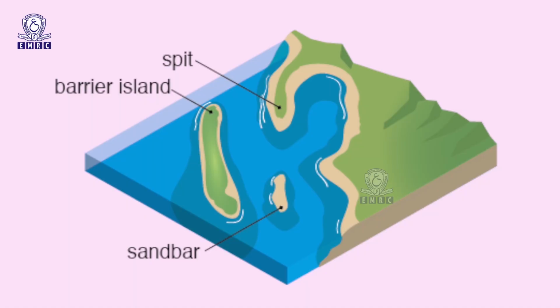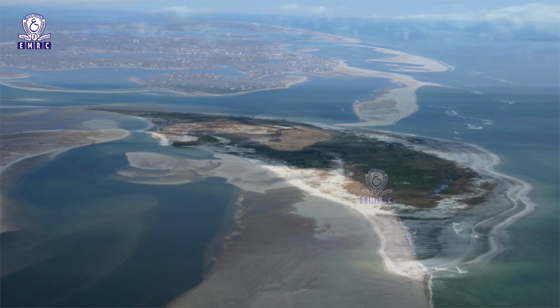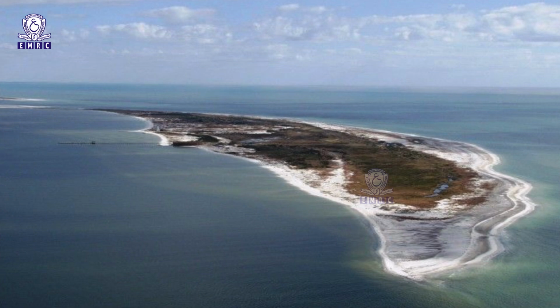Barrier islands. Barrier islands are the offshore islands of sediments lying parallel to the shore. They are the islands near the coast but are not connected with the mainland. They are separated from the mainland by a lagoon.